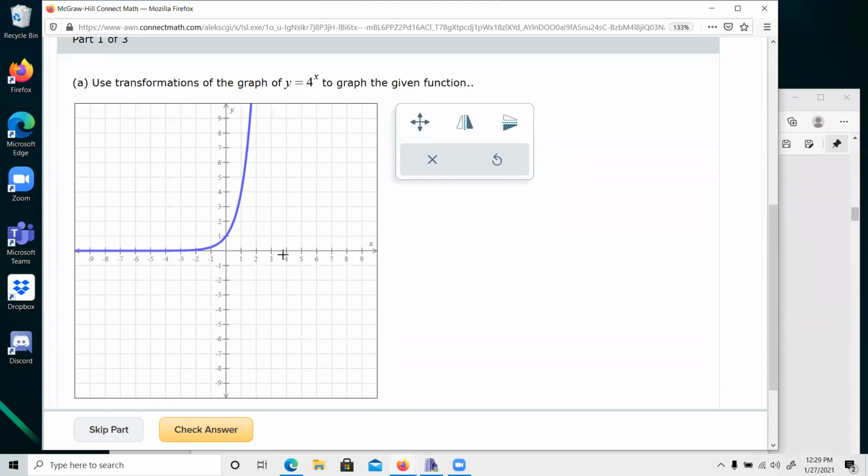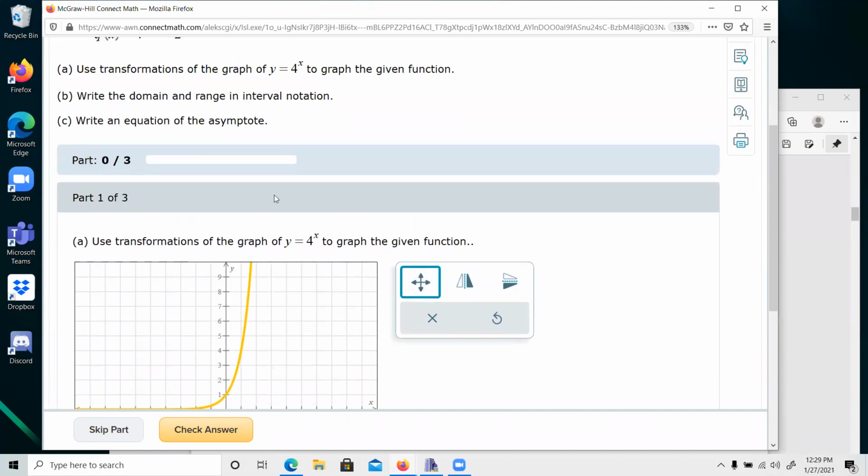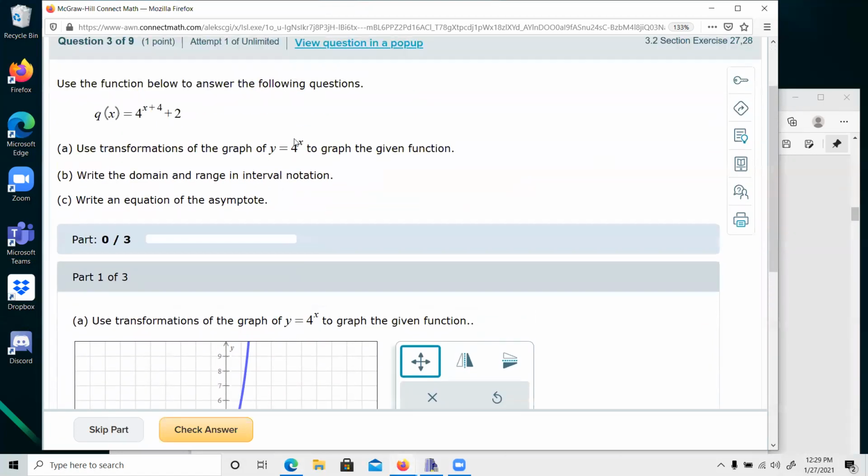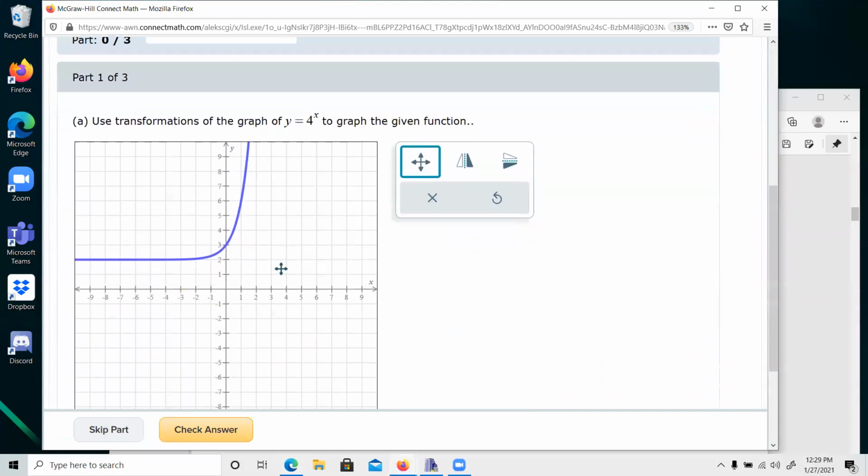Okay, oh great, look at that. They give us, oh wow, what a cool tool this is. So use transformations to graph the given function. Well, we're going to go up 2. All right, we went up 2. And then we're going to move this thing 4 to the left.